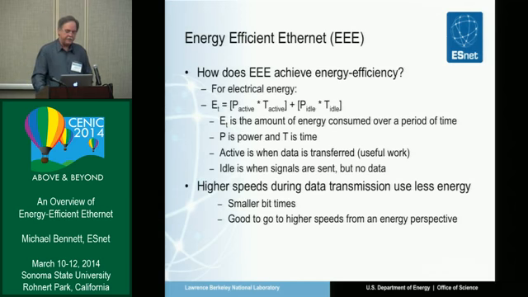So the key here is just that in order to achieve energy efficiency, we need to essentially consider the power and time that the interface is in the active mode, and also the power and time the interface is in the idle mode, and then just try to optimize that to only use energy when we need it.